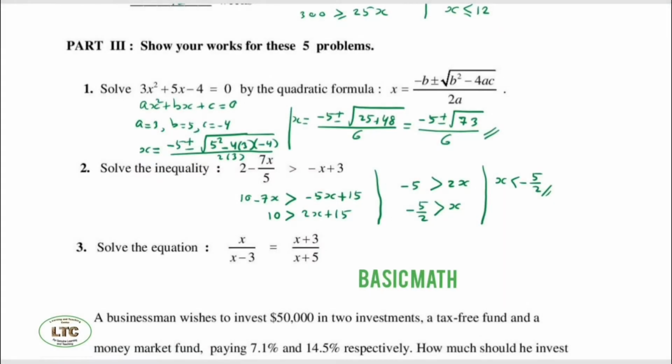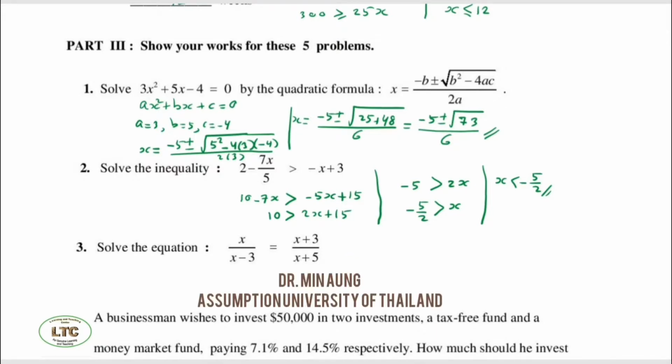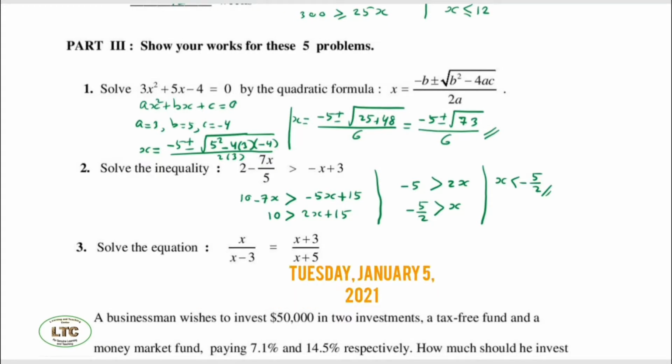3. Solve the equation x divided by x minus 3 is equal to x plus 3 divided by x plus 5. So to remove denominators, you multiply both sides by the least common denominator. That is x minus 3 times x plus 5.